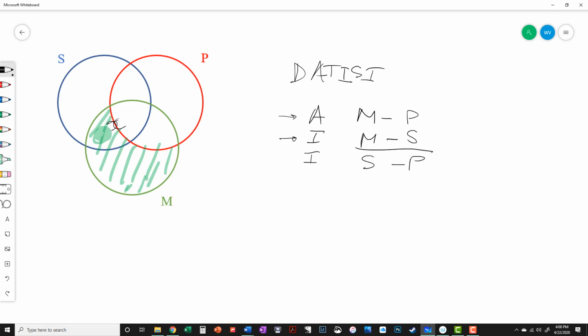So shading it in essentially bumps it off the line and tells us it has to be in the intersection SPM. All right, so you could do that and then just bump the X off the line, but that's an extra step. So to avoid that extra step, just diagram your universal premises first before you do your particular premise. Otherwise, there's no real tricks here.